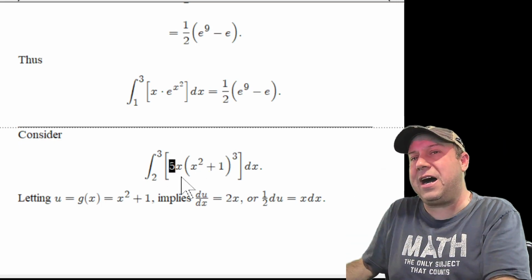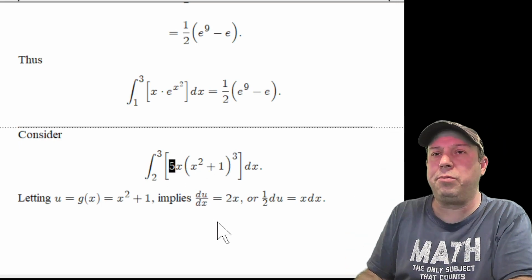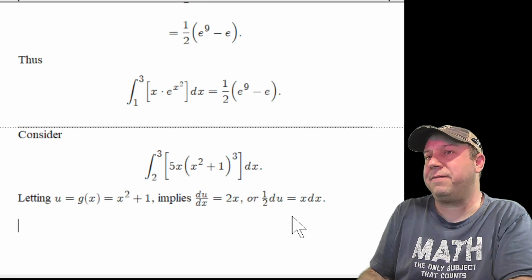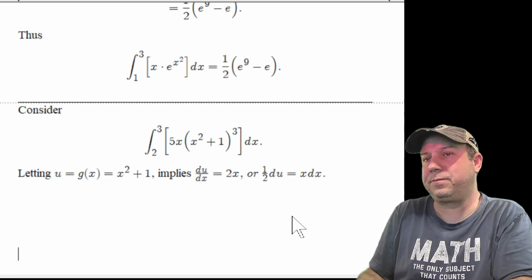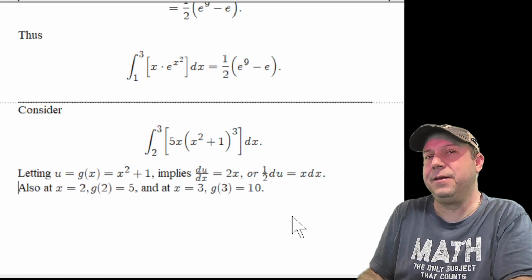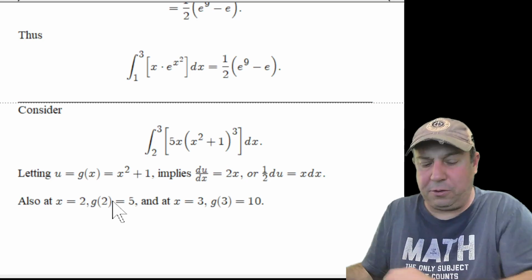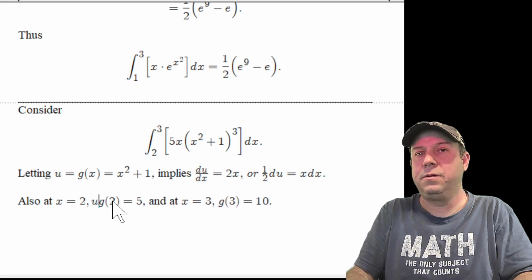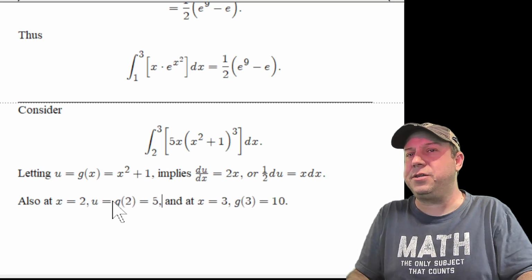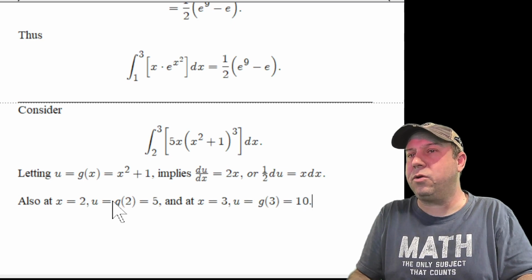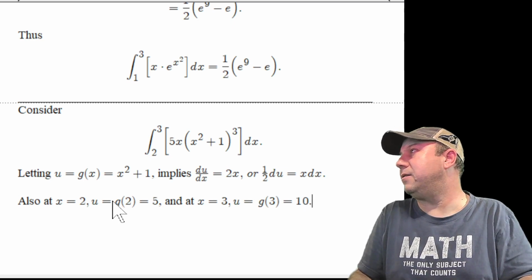Now this 5 is just going to be a constant multiple and work itself out in front with the 1/2 in value. If we consider adjusting our bounds at x equal to 2, u will equal g at 2, which will equal 5, and at x equal to 3, u will equal g at 3, which will equal 10.